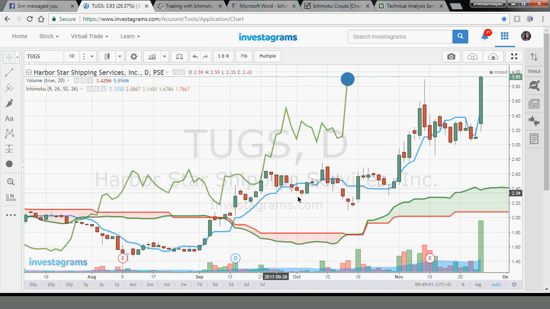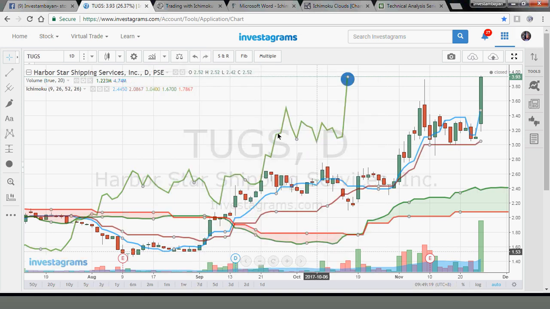Kapag nasa taas pa ng price, kung dito nakabenta na ako, nakapag-take profit na ako. Kasi small volatility, pwedeng makabenta ka na. I'm going to discuss to you later. So we are done with Kijun-sen, Tenkan-sen, Chikou.